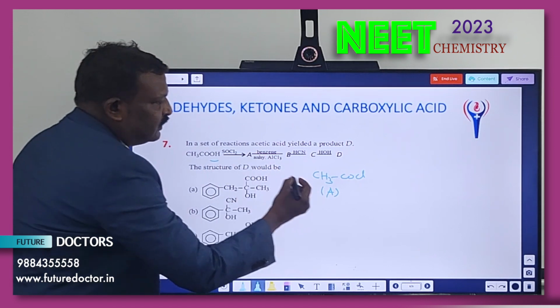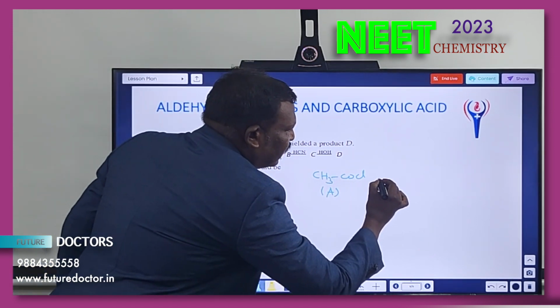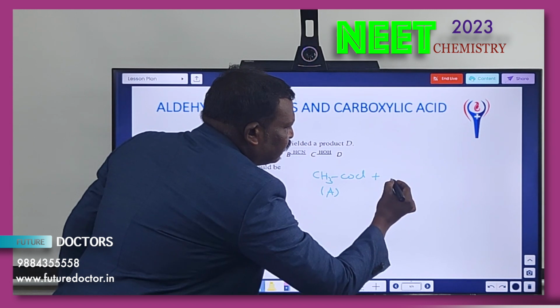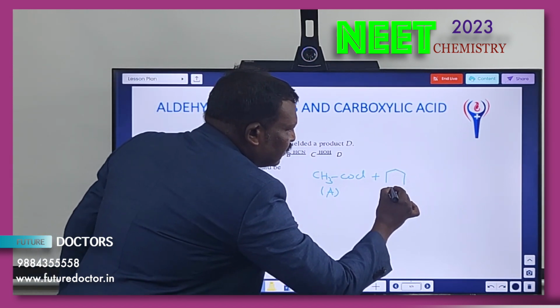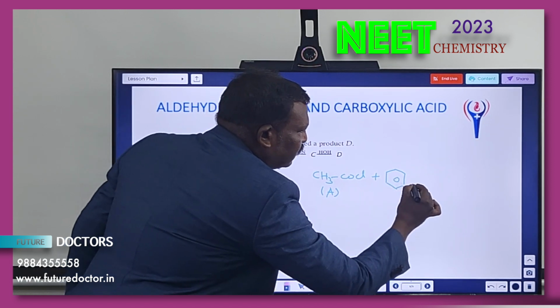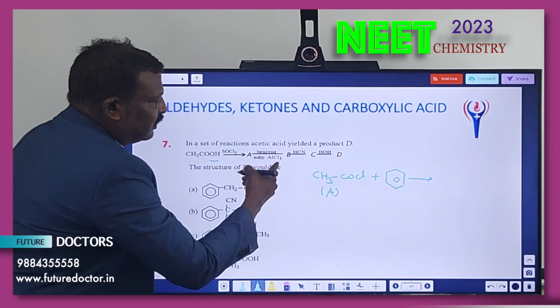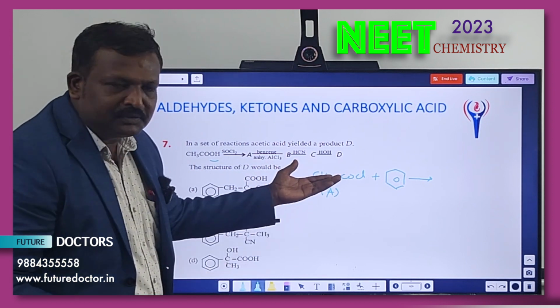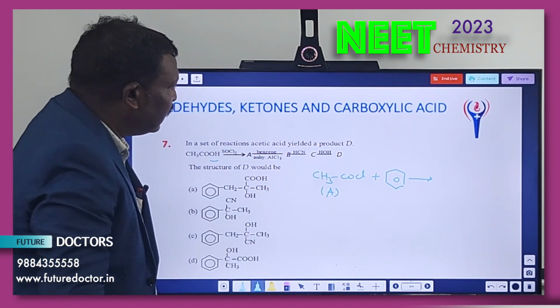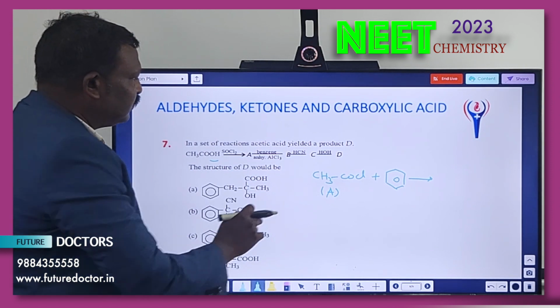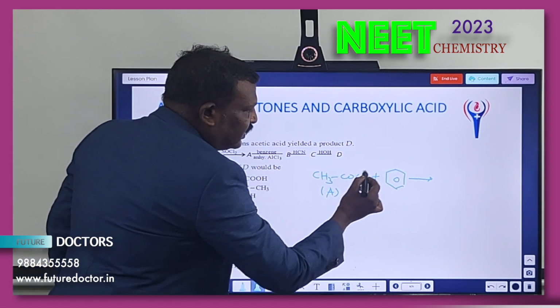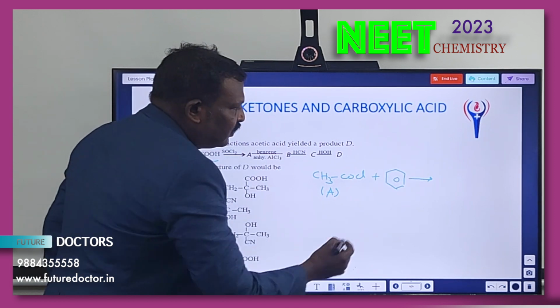Then it reacts with benzene in the presence of anhydrous aluminum chloride. This is nothing but Friedel Crafts reaction. So what happened? H from here, Cl from here, Cl will be removed.